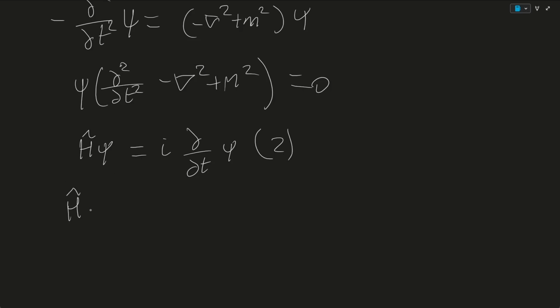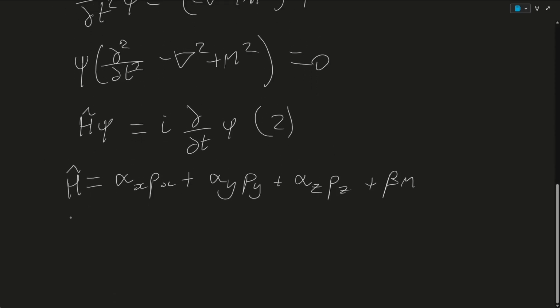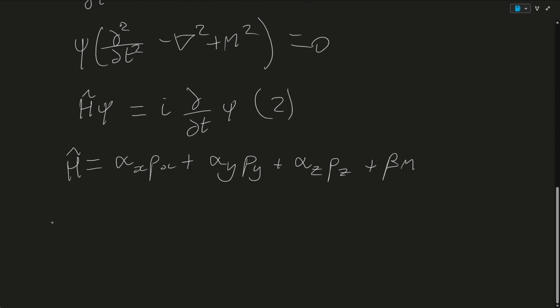So H hat is equal to alpha x p sub x plus alpha y p sub y plus alpha z p sub z, where p are the components of the momentum, plus beta m, and beta is our mass coefficient. And what we'll actually find, I'll leave that for a bit because it's quite cool what we find about these coefficients.